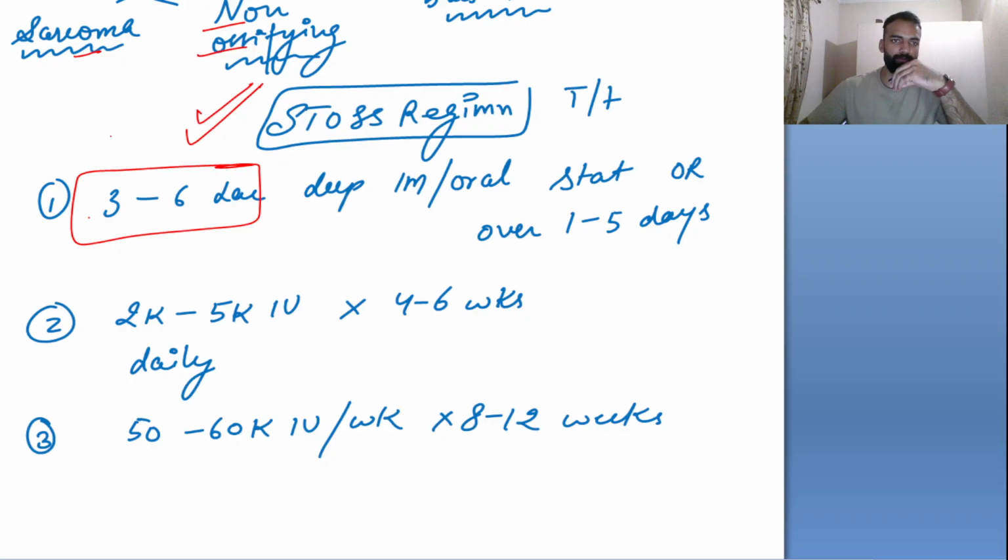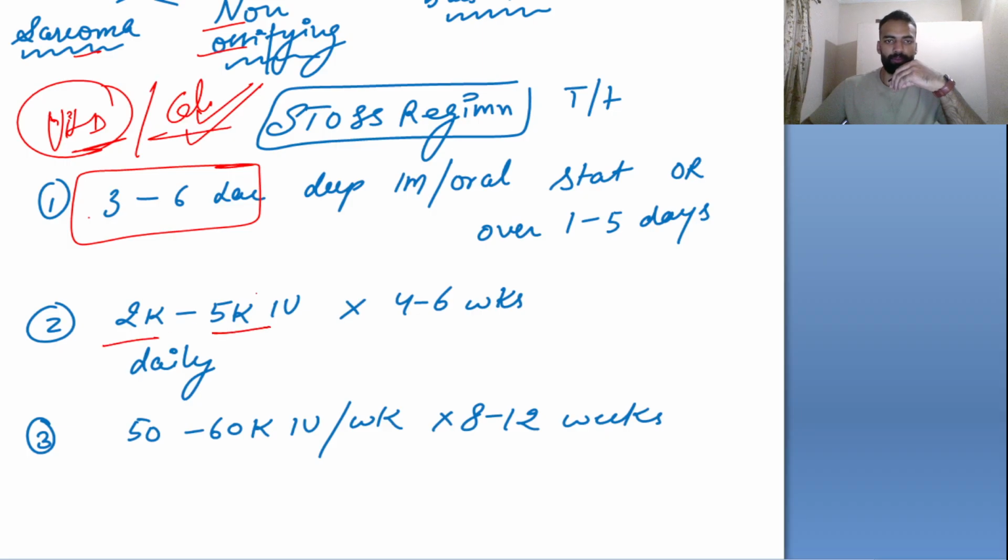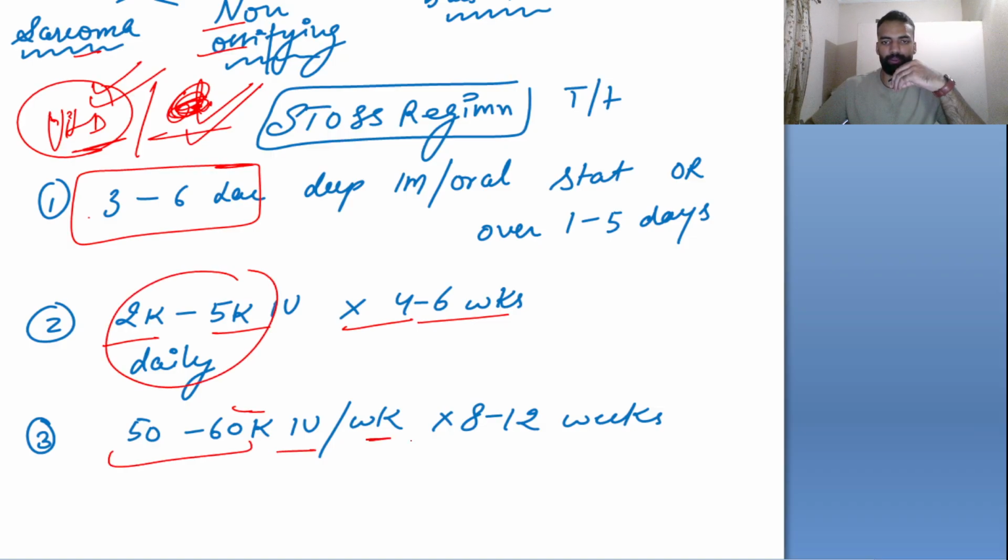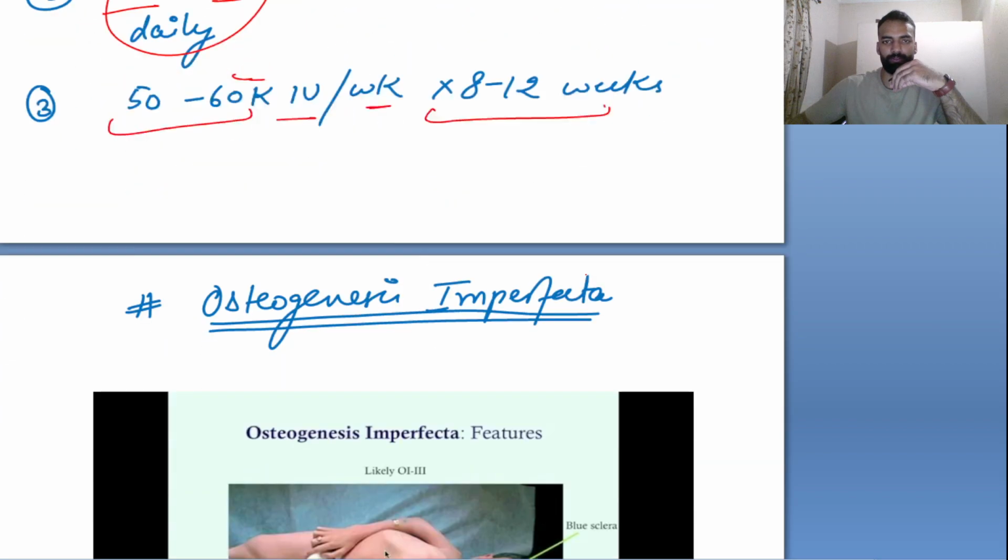This is vitamin D, not calcium. Or 2000 to 5000 international units for 4 to 6 weeks, given daily, or 50 to 60K international units per week for 8 to 12 weeks. So this is the regime. You can skip it also.